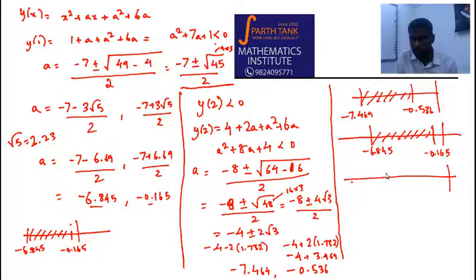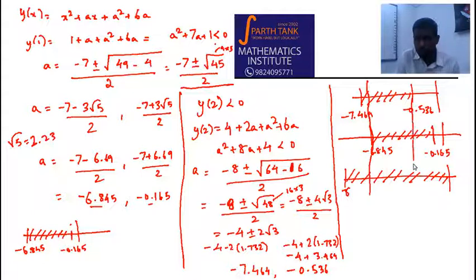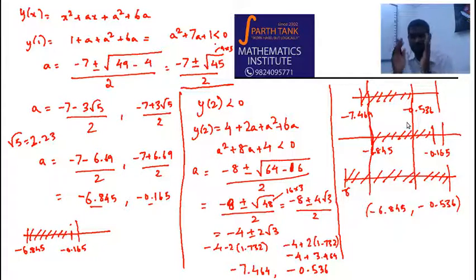So we have yet another case. A can be between 0 and minus 8. So of these three, the possible values are only this range then. Here to here. That is more or less from minus 6.845 to minus 0.536. All this to delineate this range.